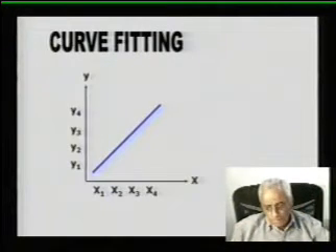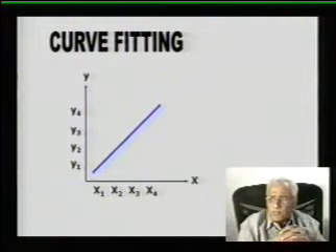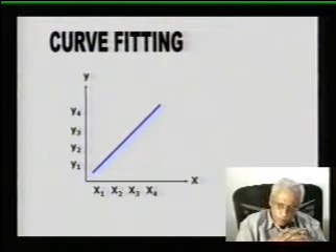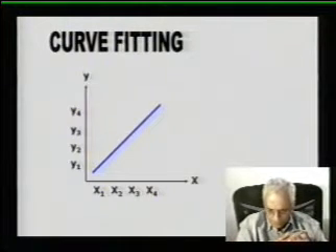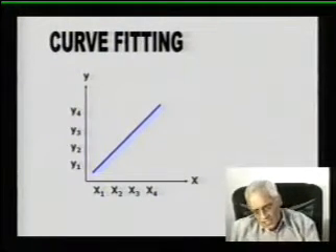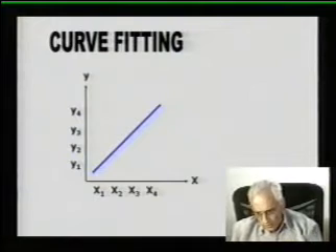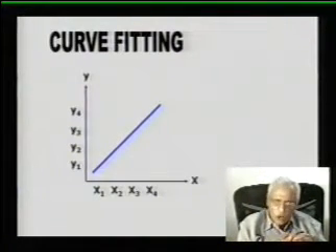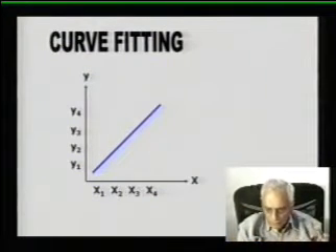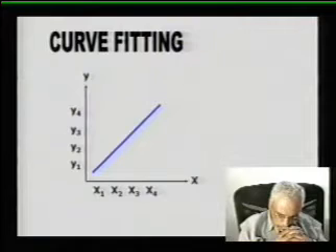Curve fitting. All engineers and manufacturers know what curve fitting is. All scientists and researchers know what curve fitting is. It is the analysis required to find equations of approximating curves that fit a given set of data.